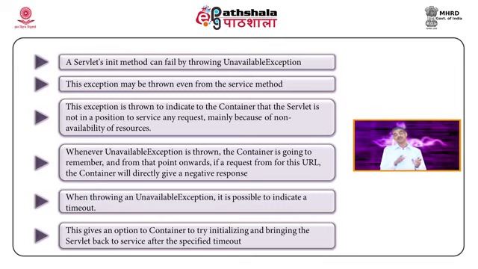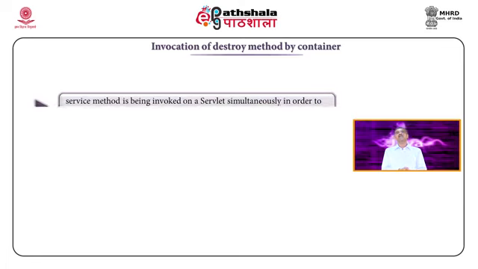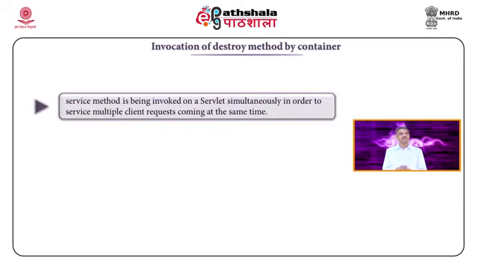Okay. Another point related to the destroy method, an important point here. We have multiple clients accessing our servlet simultaneously. That means we have simultaneous invocations of service methods taking place on our single instance of servlet.